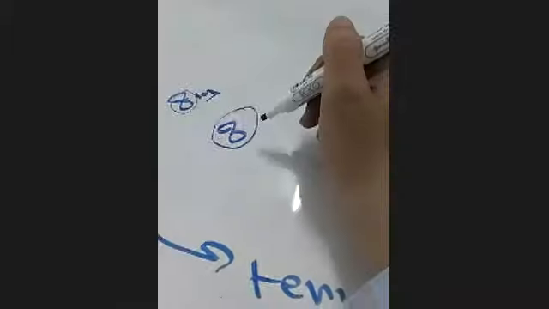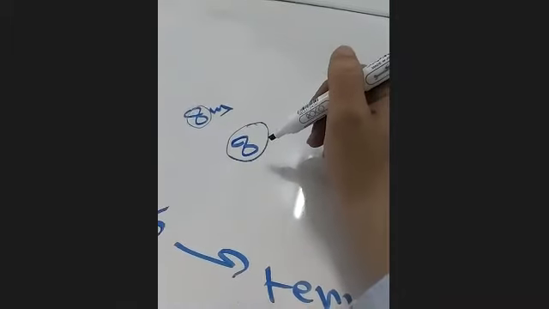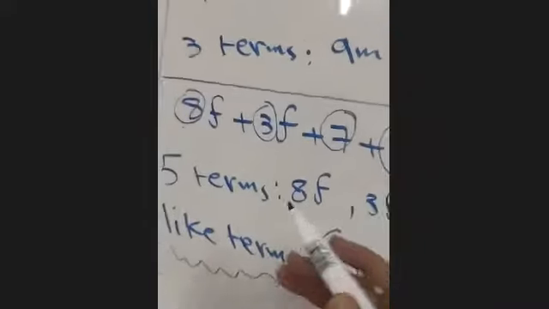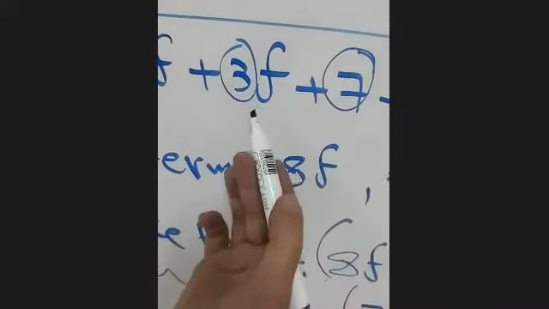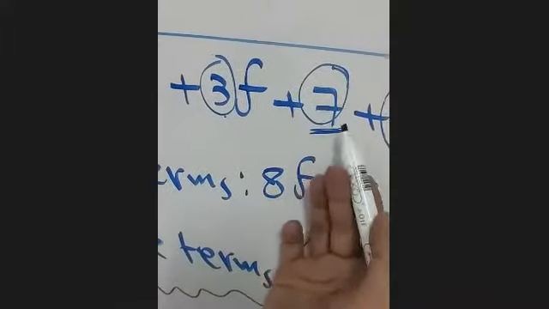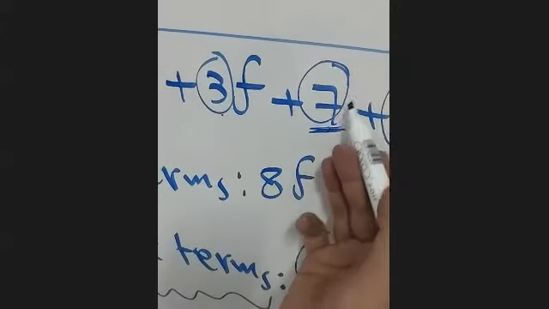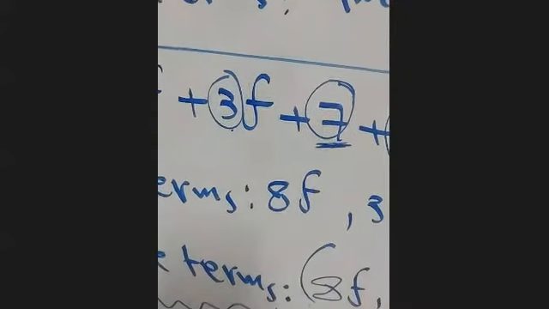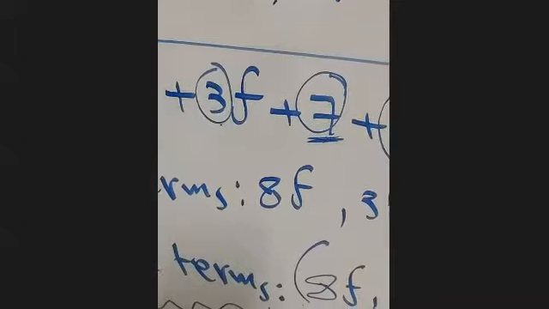If the number is alone, we call it constant. Like here, 3f plus 7. What's the coefficient here? 3. What is the constant? 7. Because the 7 has no f, no variable beside it. Got it? Yes. Good boy.